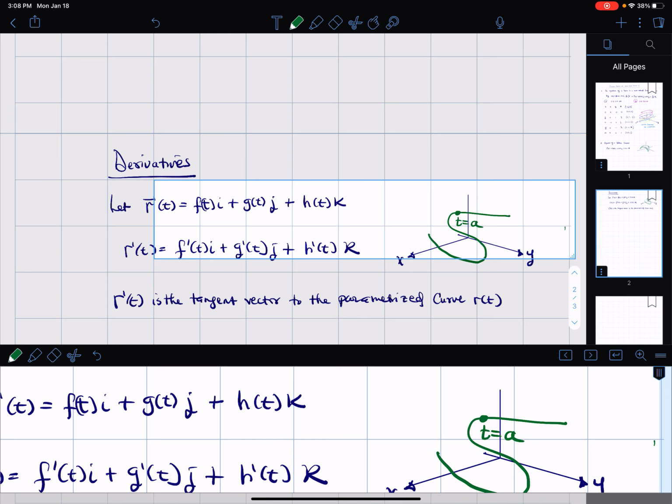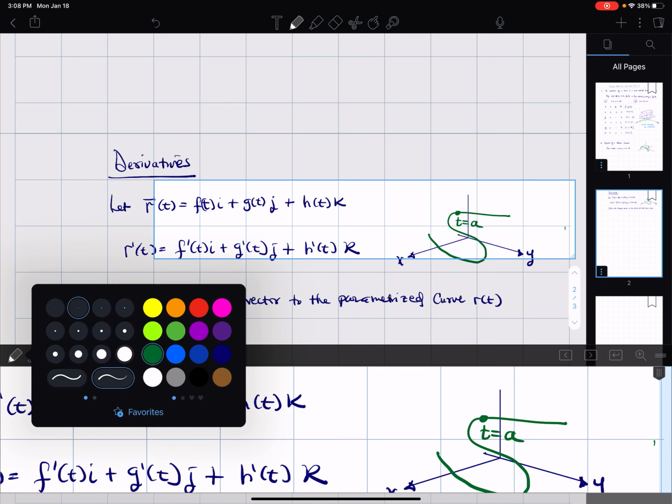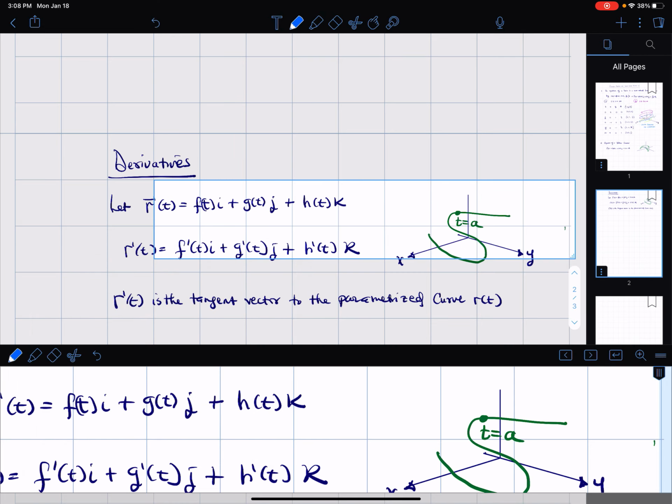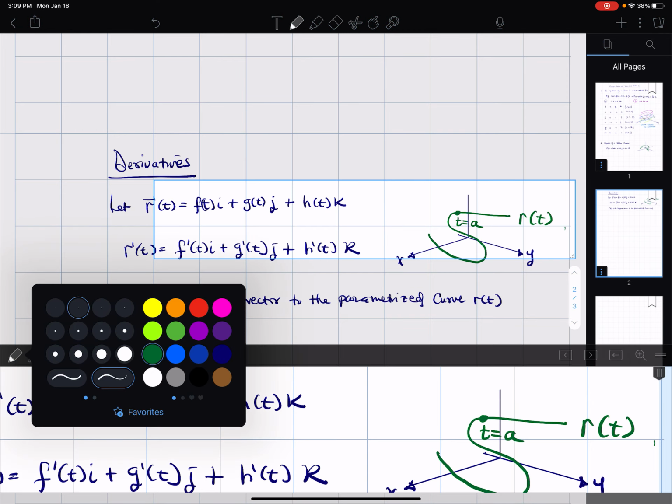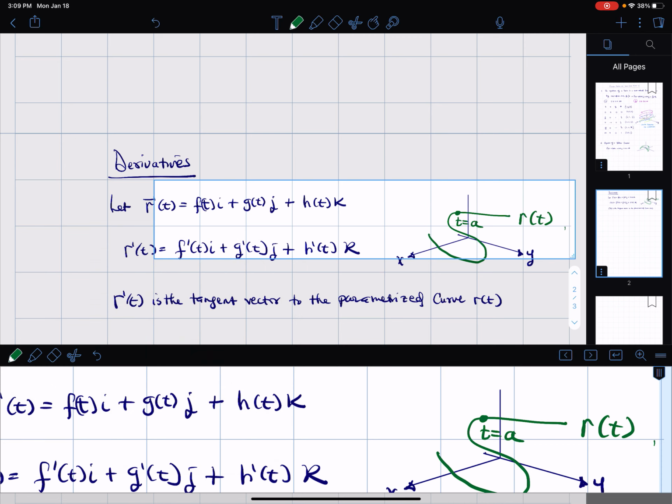If this is r of t, then the vector for r prime of t is the tangent vector right here. It's tangent to the curve.